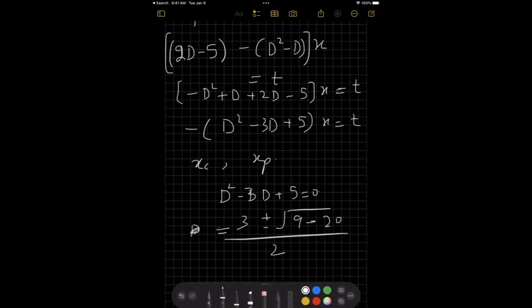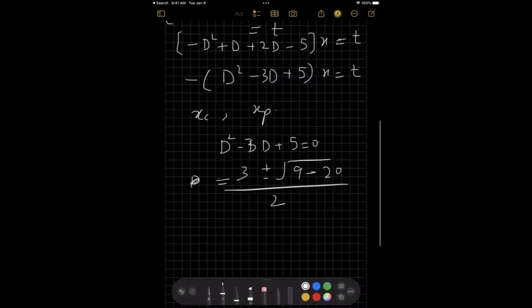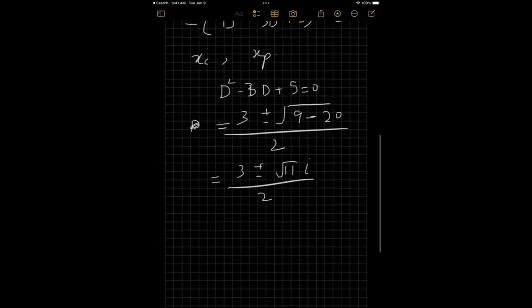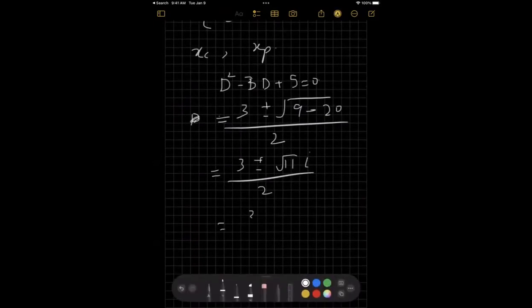So it becomes 3 plus minus square root of 11 iota divided by 2. Our real part is 3 by 2 and our imaginary part is root 11 by 2 iota.